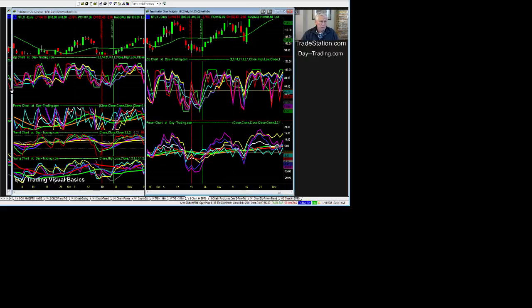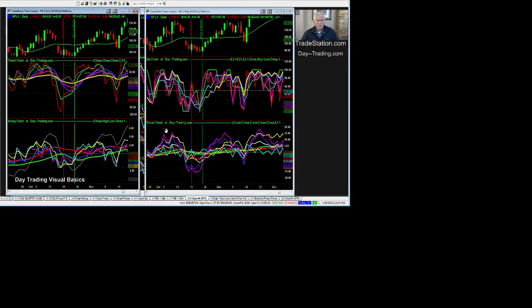I'm going to switch over to these 2 charts right here, and we basically have the same green and red lines that were on the previous chart, except I've expanded the charts. On the right here we have the zip chart up above and below the power chart. The left chart in the middle is the trend chart, and under that is the swing chart.